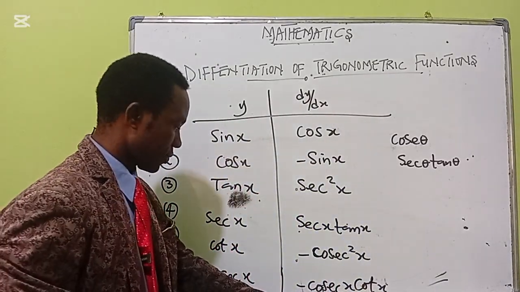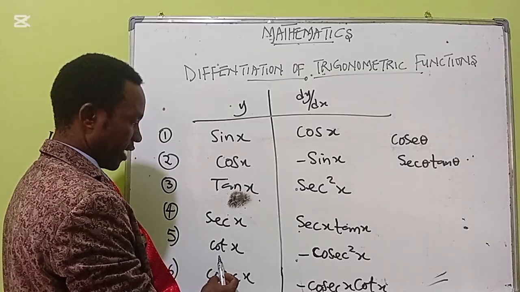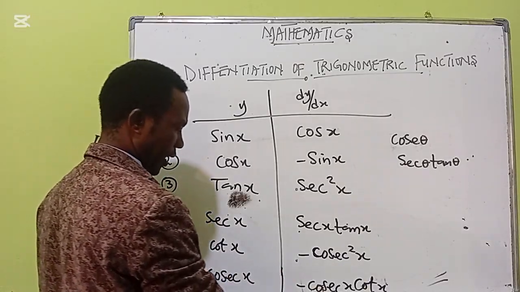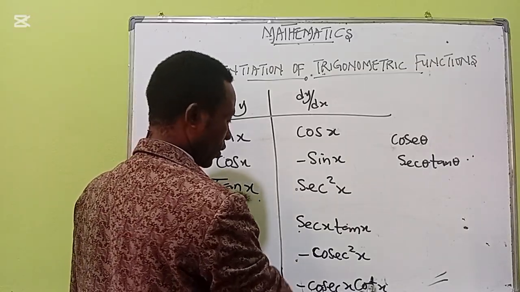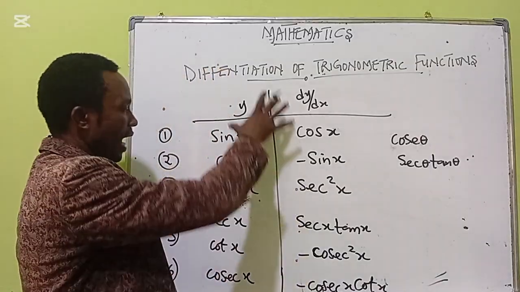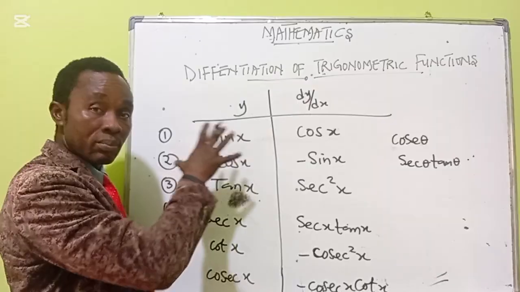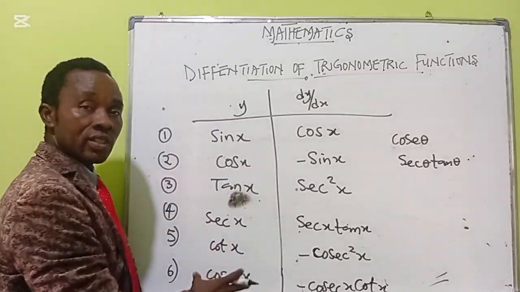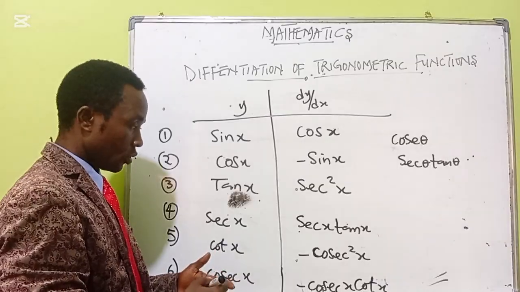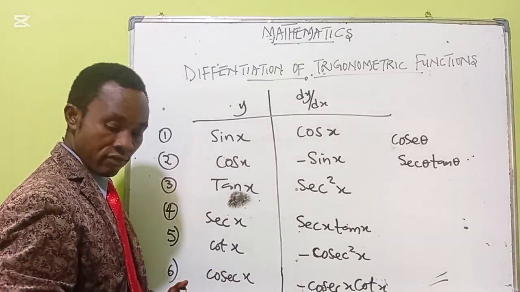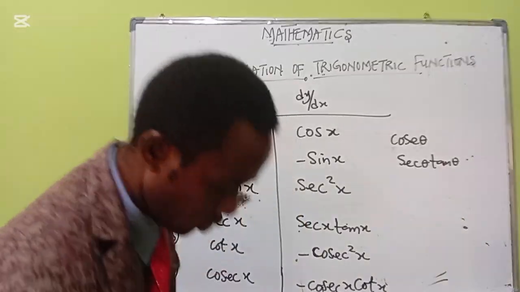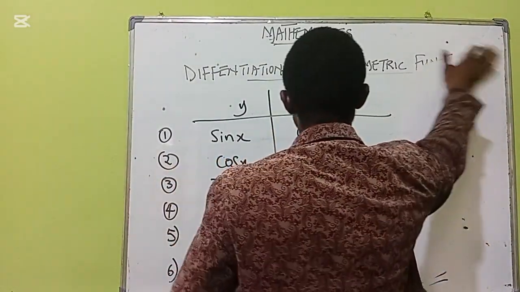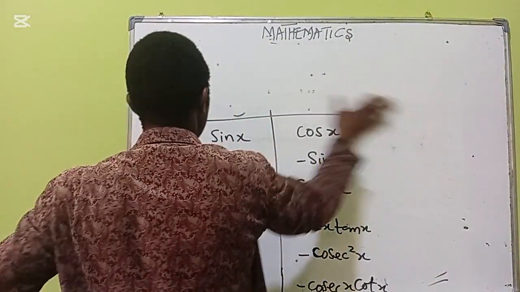I hope you can see here. So these are the things that you should know. It is the basis, because in differentiation they can give you any of these things and ask you to differentiate. It will be very okay if we are able to know them. Let me clean and we take another thing.